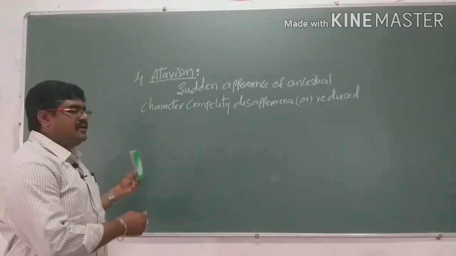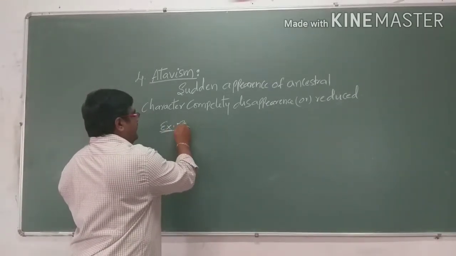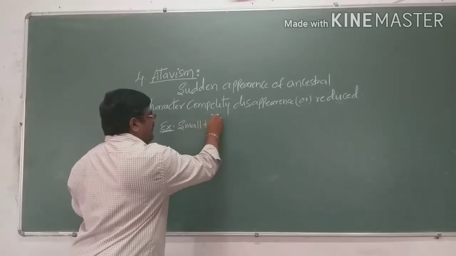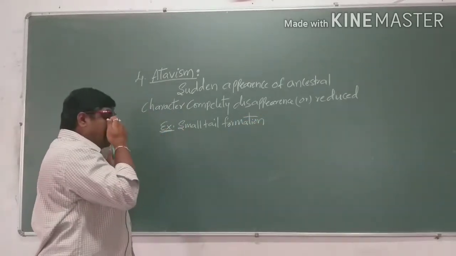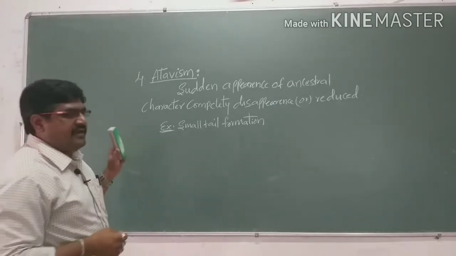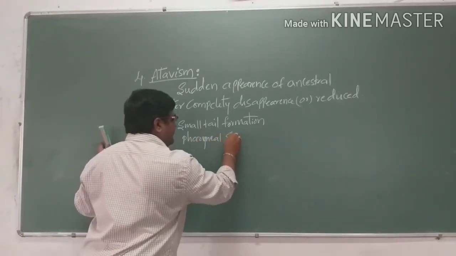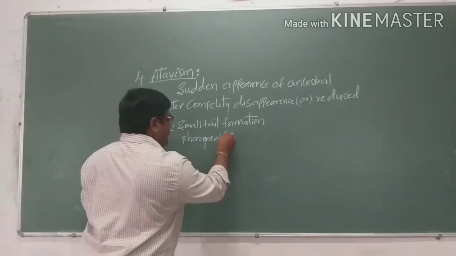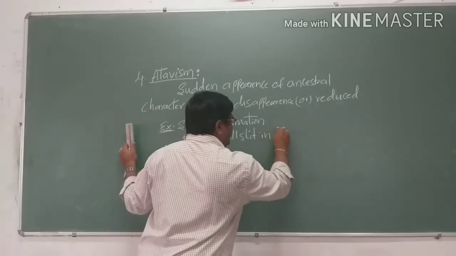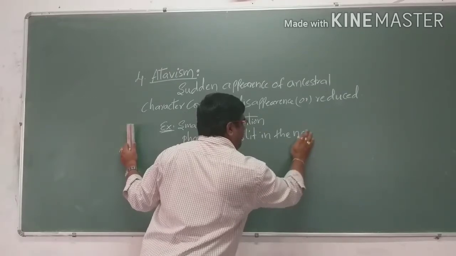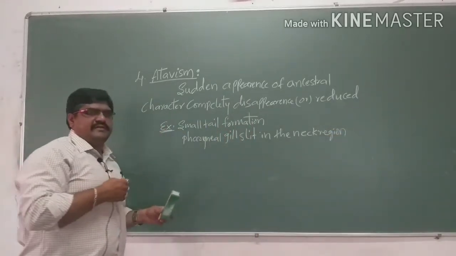Here we can take an example. For example, atavism means the formation of a small tail, otherwise the pharyngeal gill slits in the neck region, where there is a communication between the throat and the neck.